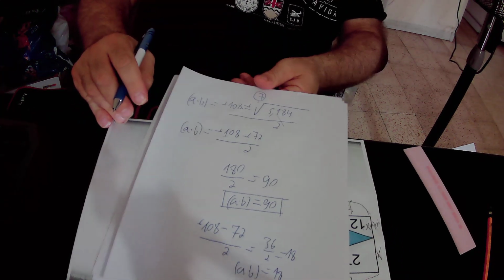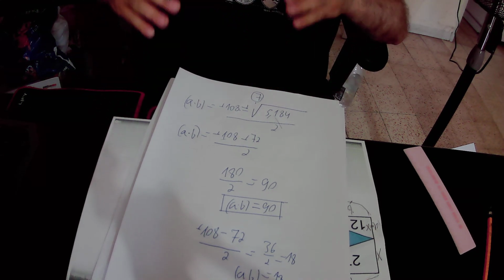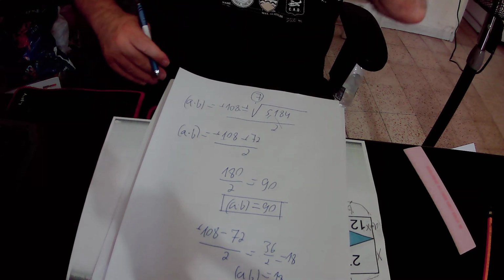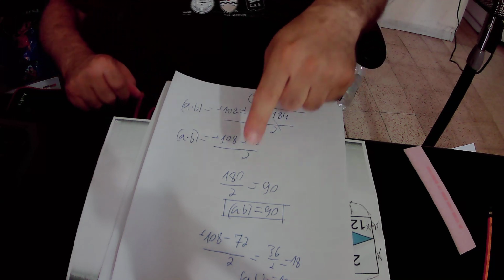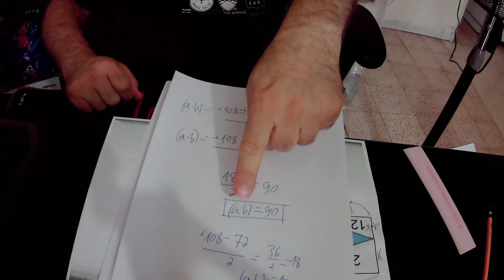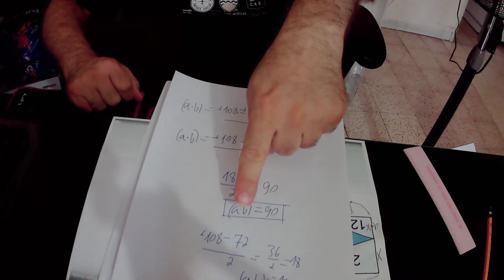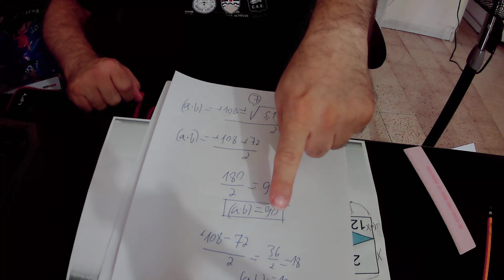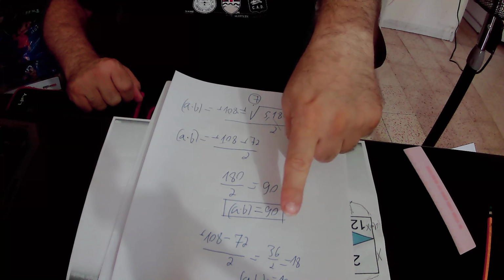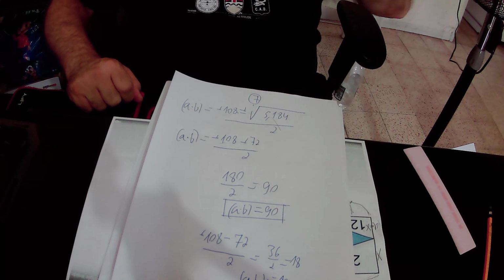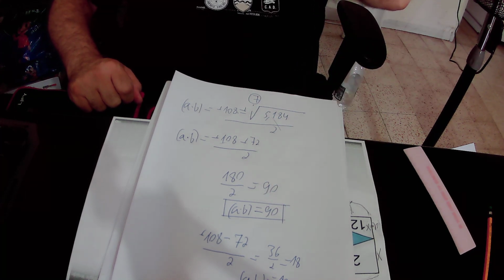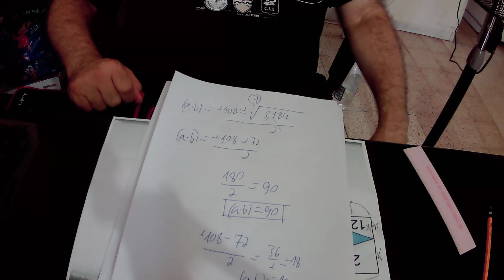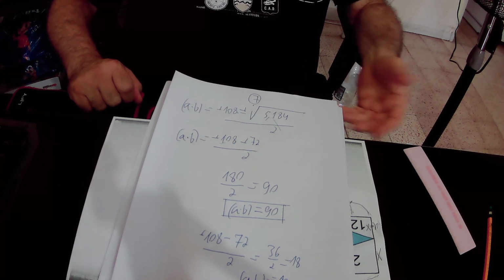So the second root of our quadratic equation is actually 18, because the second answer for AB is 108 minus 72 divided by 2. 108 minus 72 is 36, and 36 divided by 2 is 18 units. So we have the second solution for AB, that is 18 units.